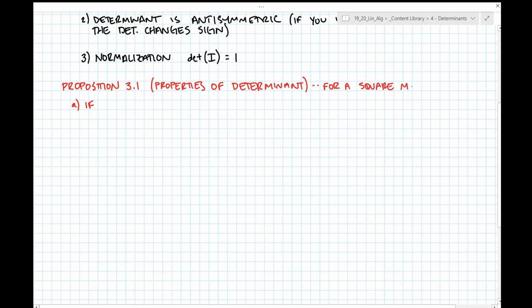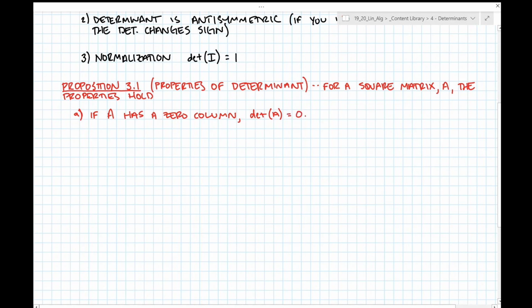For a square matrix A, the following properties hold. All right, the first one, and this is going to get pretty neat right off the bat: if A has a 0 column, det A is 0.